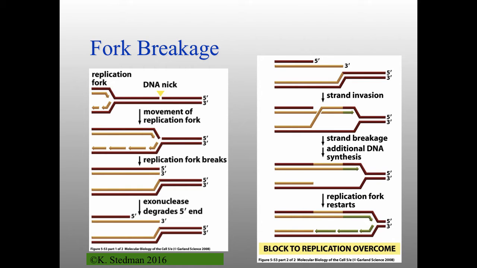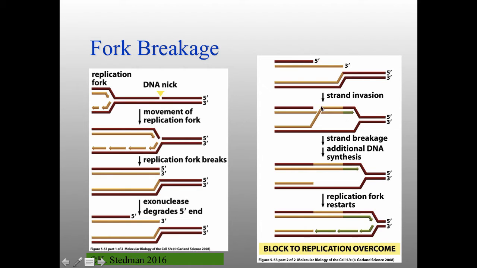Yeah? In the second picture down on the right, does the progression of the junction stop while it's trying to be repaired, or does it continue on? I'm not sure I quite understand your question. Sorry. The top double strands are being connected with the other DNA.